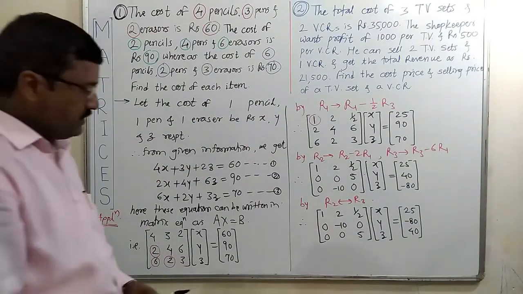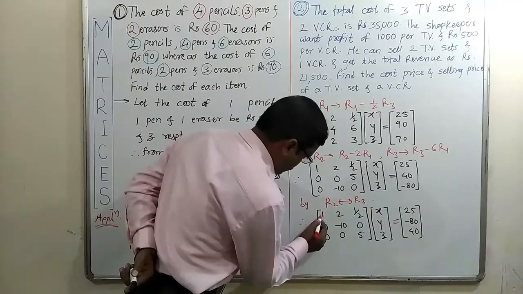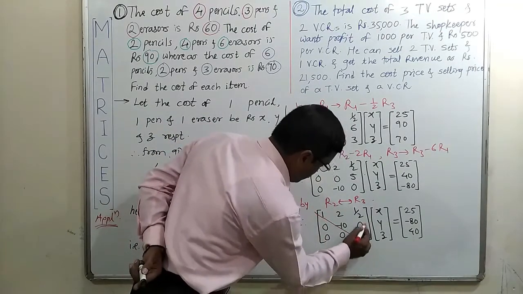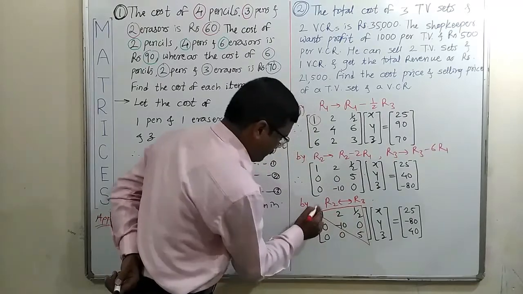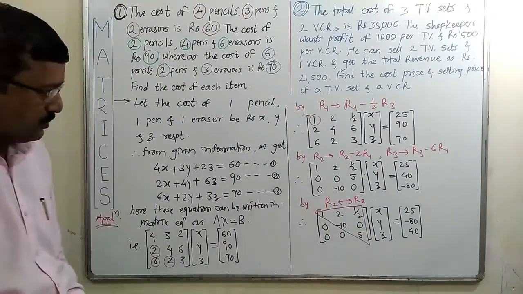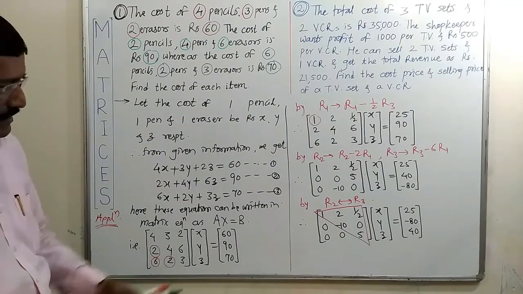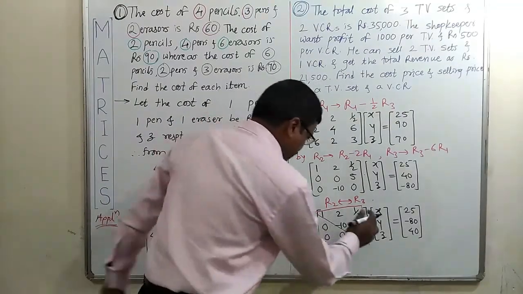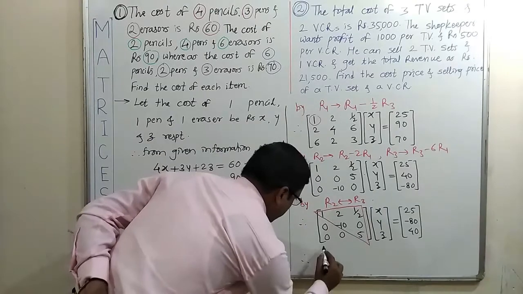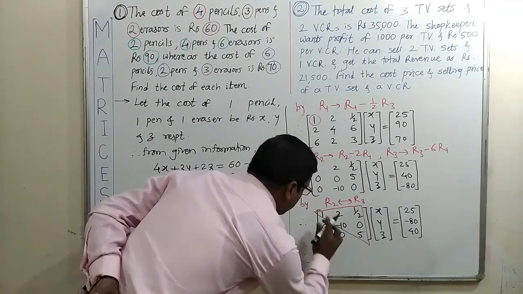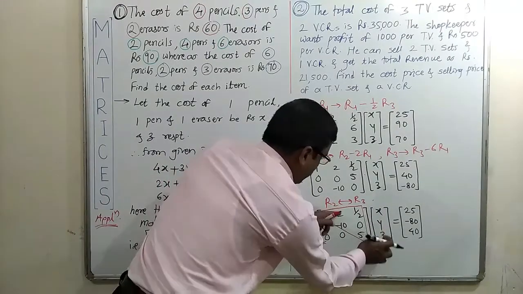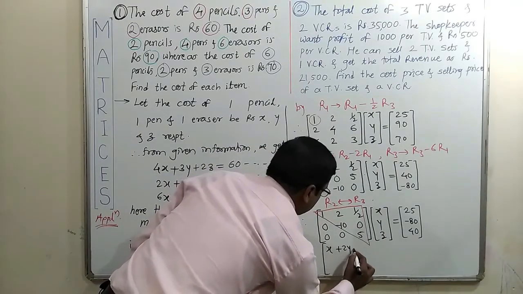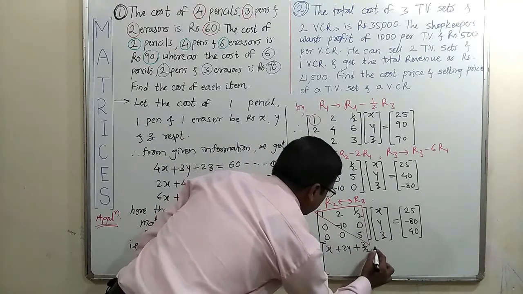Now we get here an upper triangular matrix. So write here the reduced linear equations. By taking multiplications, we get the matrix as x plus 2y plus z by 2.